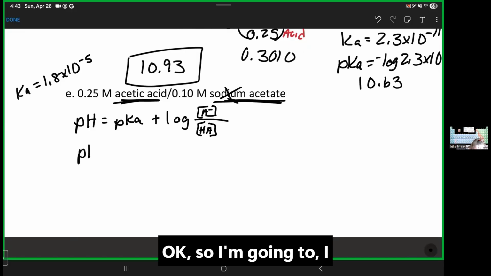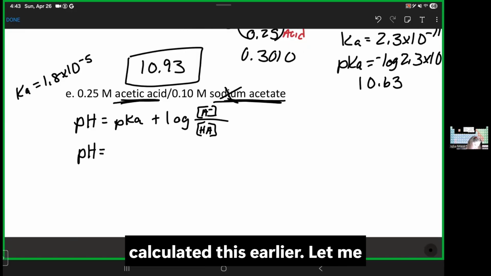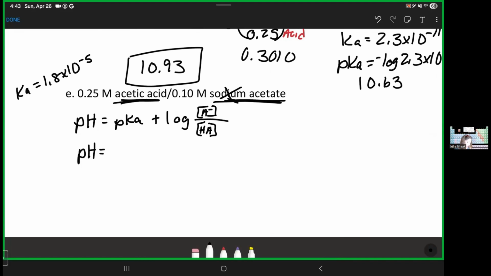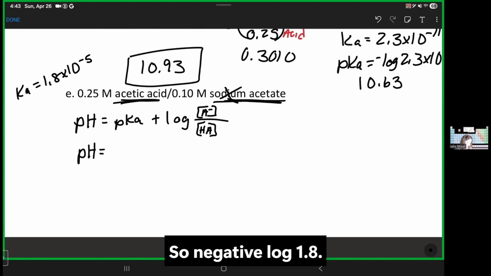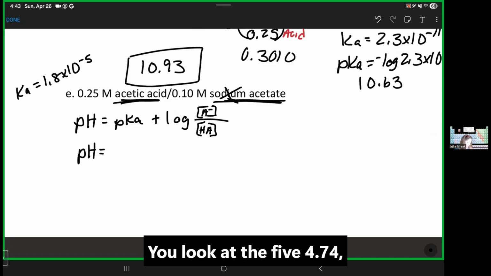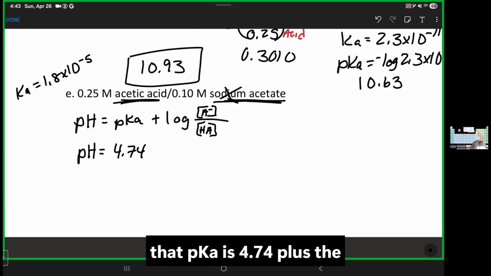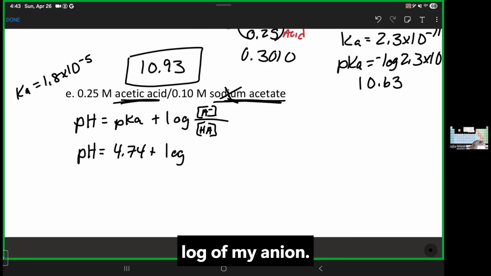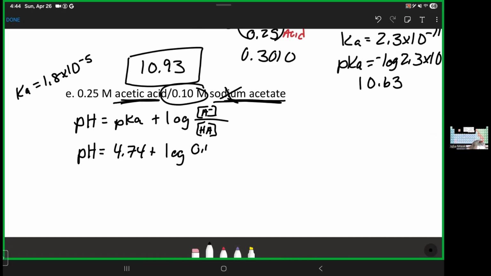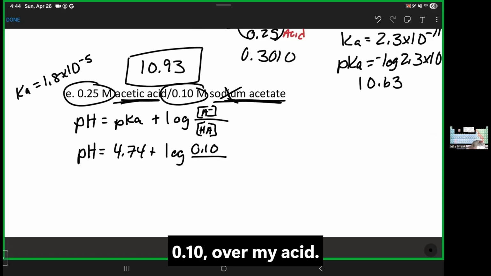Okay, so we calculated this earlier. So negative log of 1.8 times 10 to the negative 5, 4.74. That's what I was thinking. So that pKa is 4.74 plus the log of my anion, 0, over my acid.